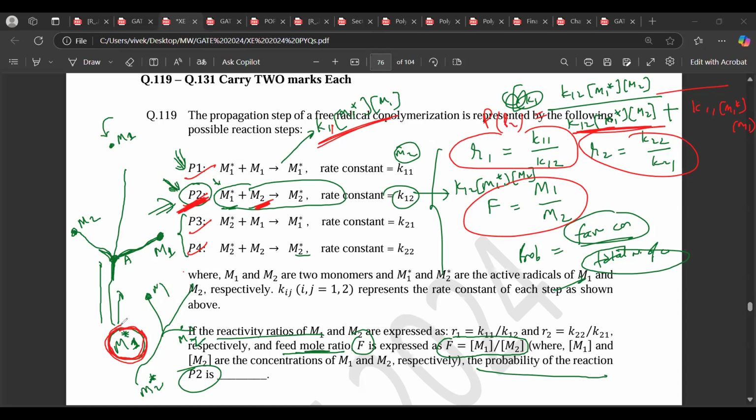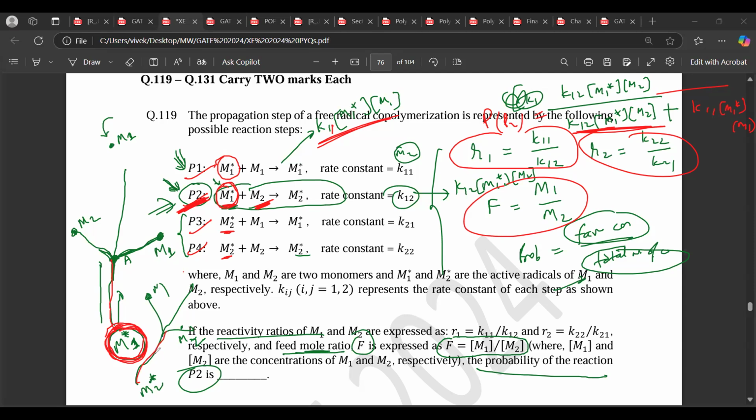We are talking about only M1 star, not M2 star. So only the M1 star reactions should be considered, because in this path only M1 star is traveling. There's no point of getting M2 star.